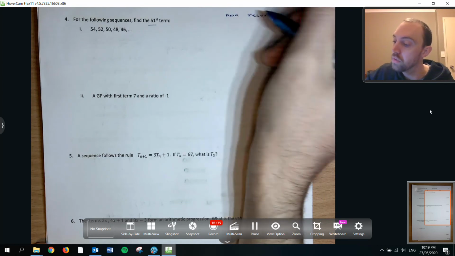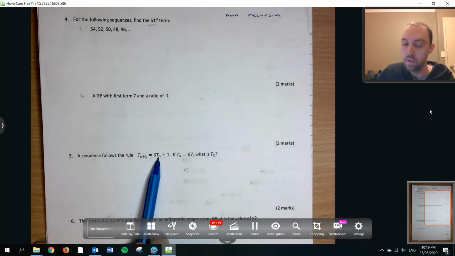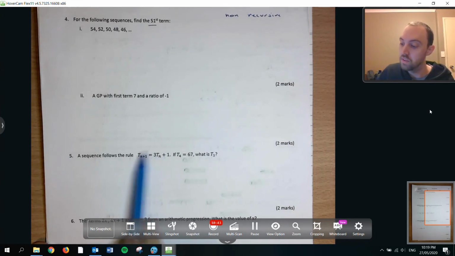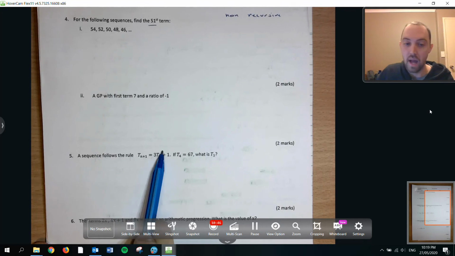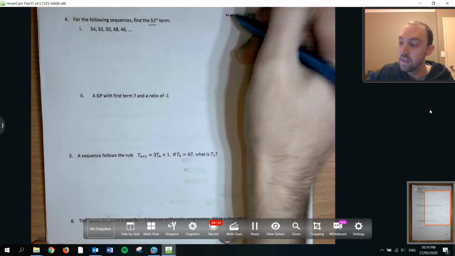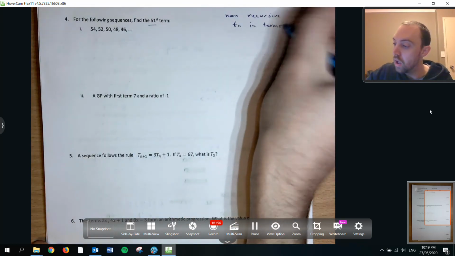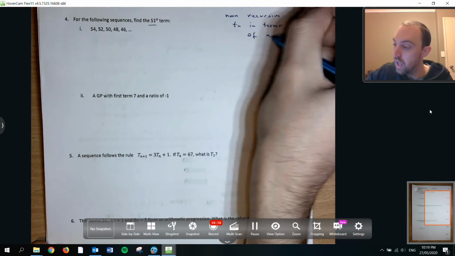So we have recursive rules where we have Tn in terms of the previous term, or Tn plus 1 in terms of the previous term. It just tells you the pattern. That's a recursive rule. Non-recursive rule is generally some sort of equation where we have Tn in terms of n.